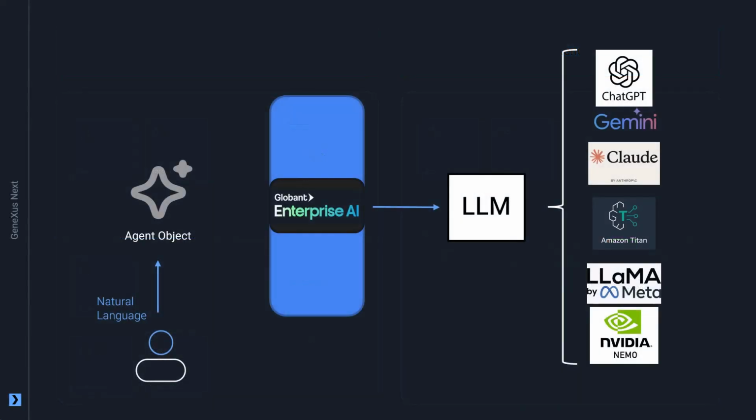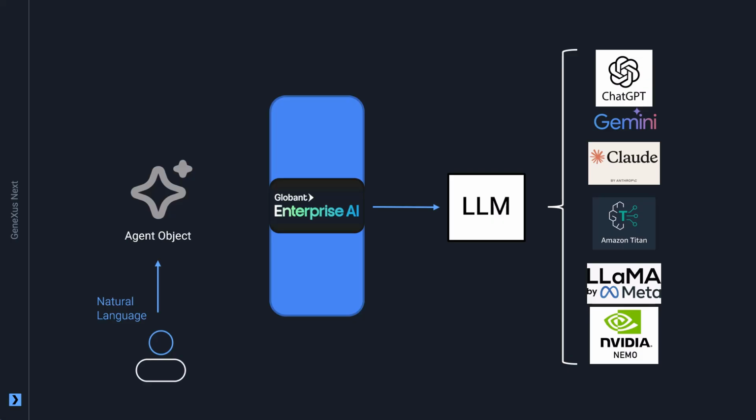So, for example, when we studied the agent object, we saw that it was automatically registered in Globant Enterprise AI, a business platform designed to facilitate the implementation of artificial intelligence assistants. And it acts as a bridge between different LLMs and the world of business applications in a secure and controlled environment.